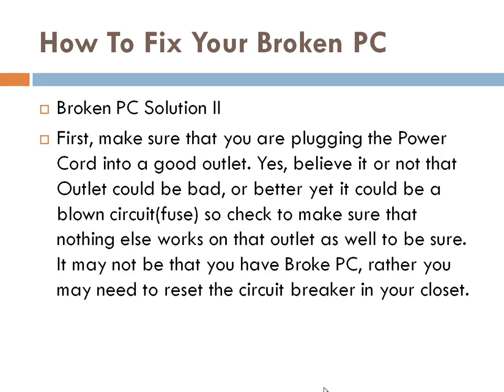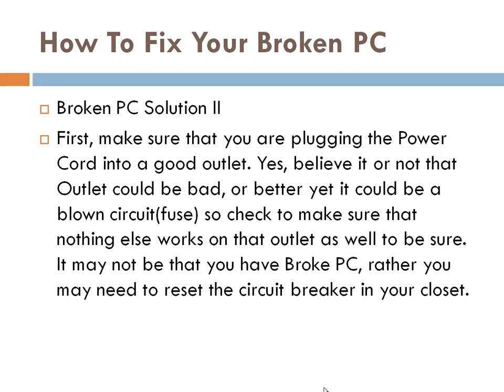So what we're going to do is take that CPU, the computer, and get it to a good outlet. Find another outlet somewhere in the house. Or it could be on that power strip, because sometimes some of the outlets on the power strip can go bad. But in this case, we're going to take it to another good outlet. Yes, believe it or not, the outlet you're using right now could be bad.